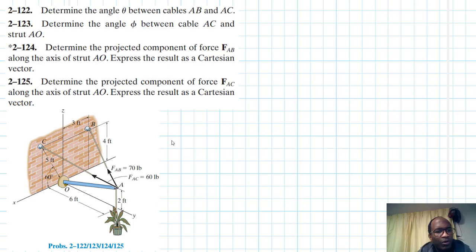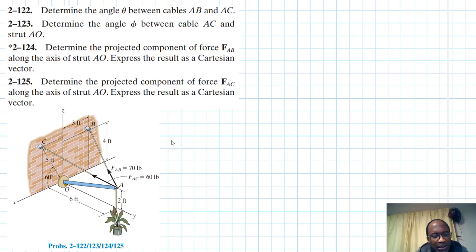We have four problems, all coming from the same figure, and all these problems are coming from the Engineering Mechanics Statics textbook, 13th edition by R.C. Hibbeler. The first problem says determine the angle theta between cables AB and AC.